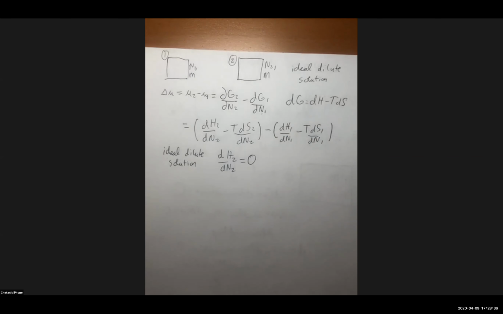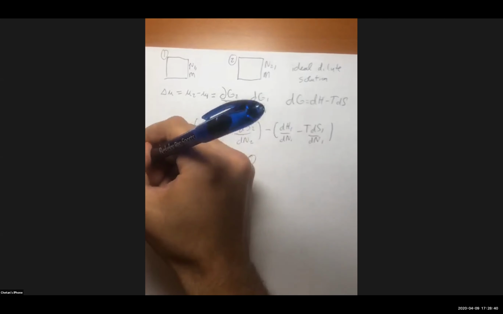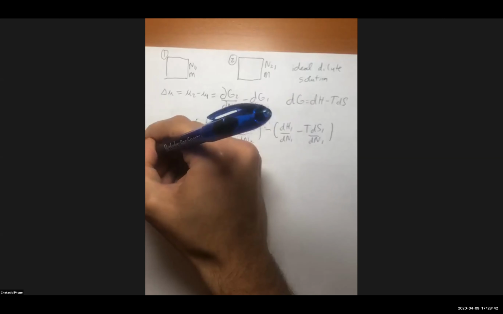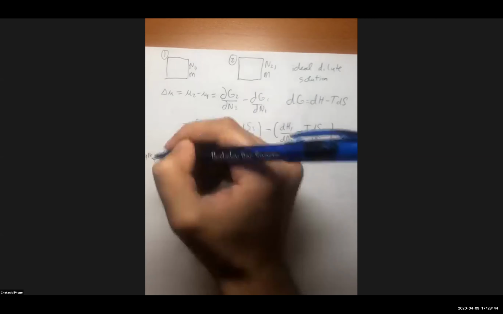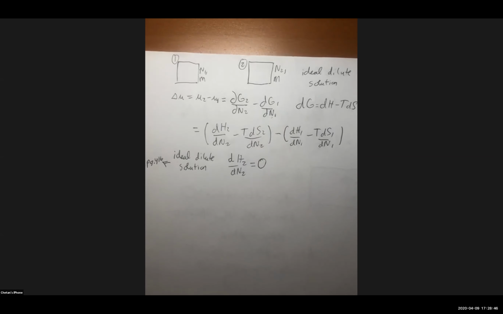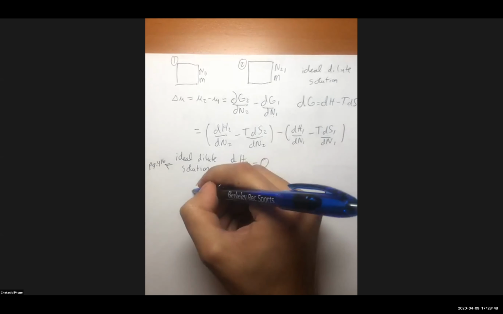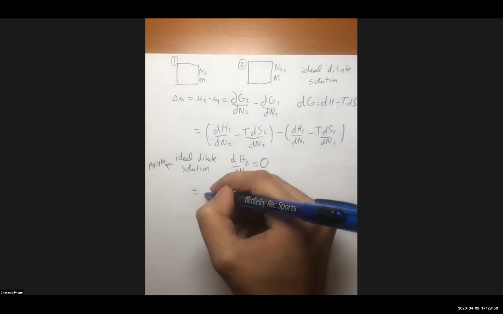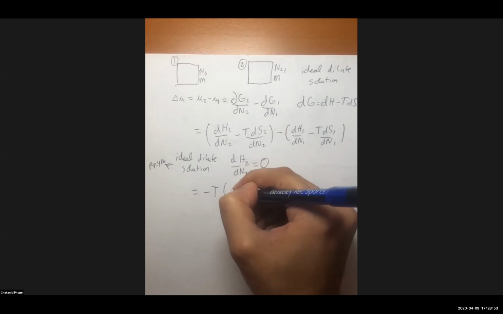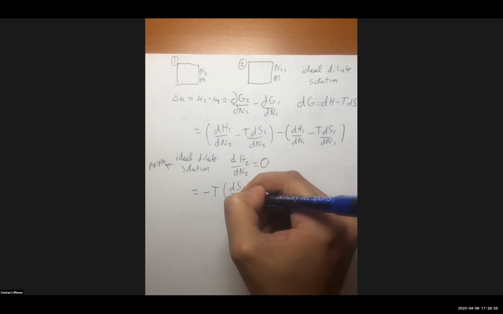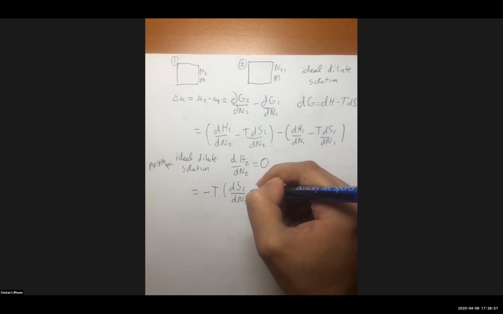Same thing for the first region. And you can read more about ideal dilute solutions on page 416 if you want to see more of an explanation on that. But this simplifies our expression now, because all we're left with, if we factor out some stuff, is just the entropy terms and temperature.